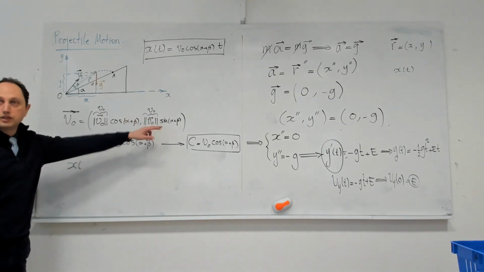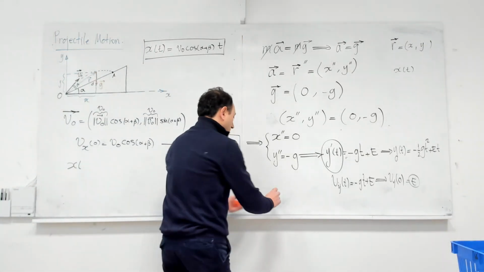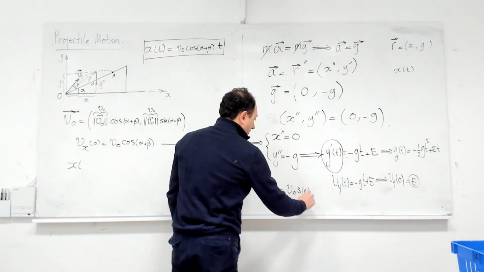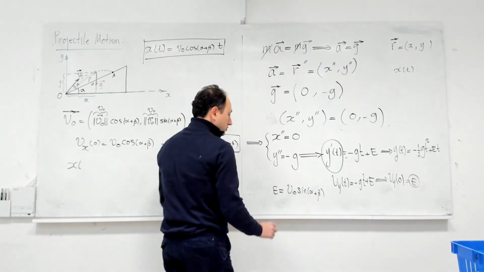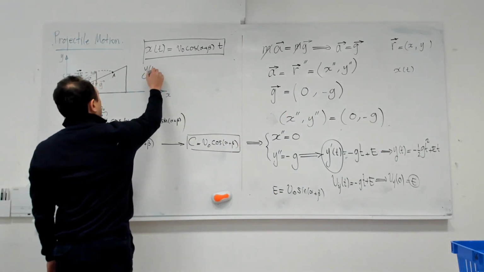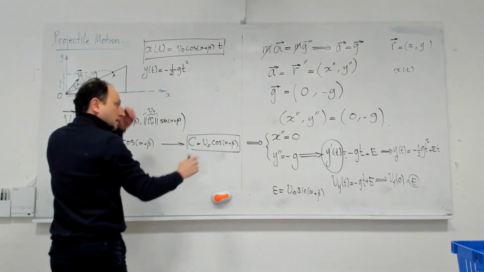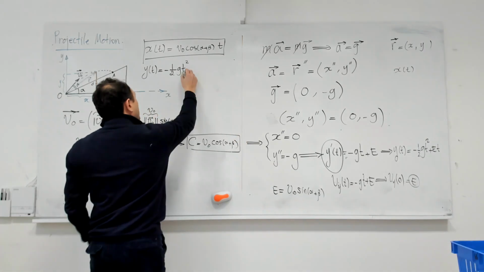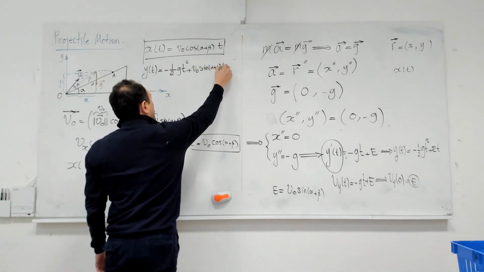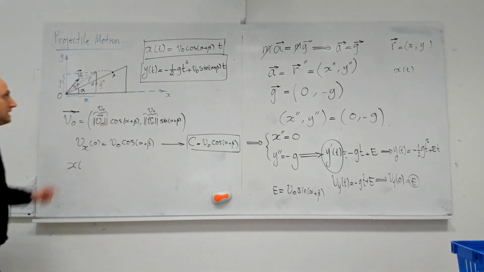So it is v naught sine of alpha plus beta. So E is equal to v naught sine alpha plus beta. And then what I do, I put it back in that equation and I find my y of t. So this becomes minus 1 over 2 gt squared, and then plus E, which is this number, times t.